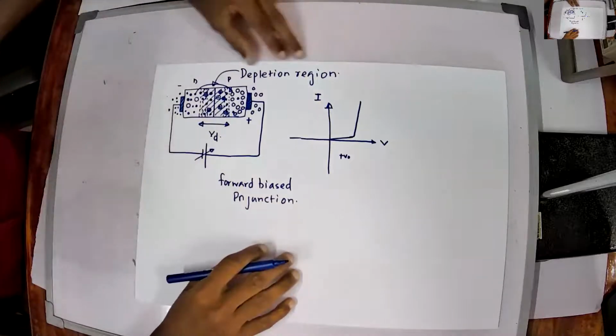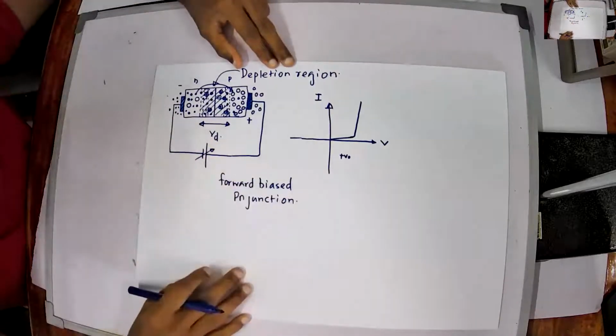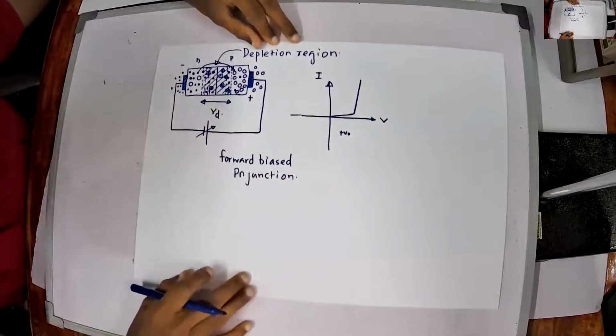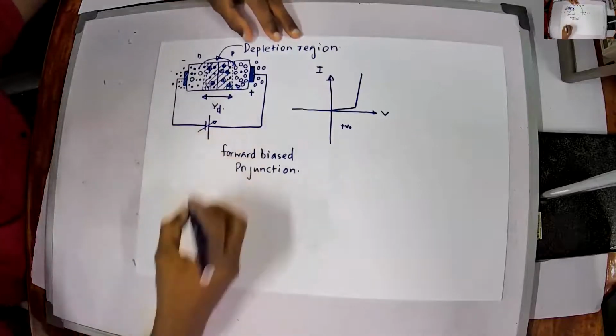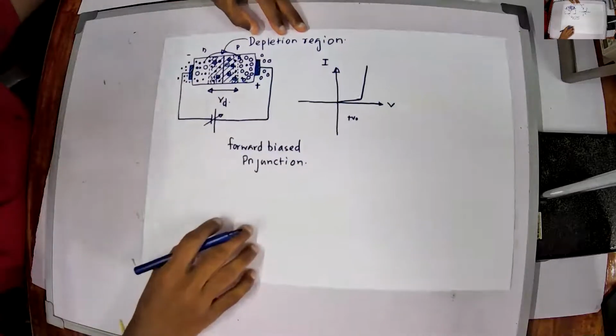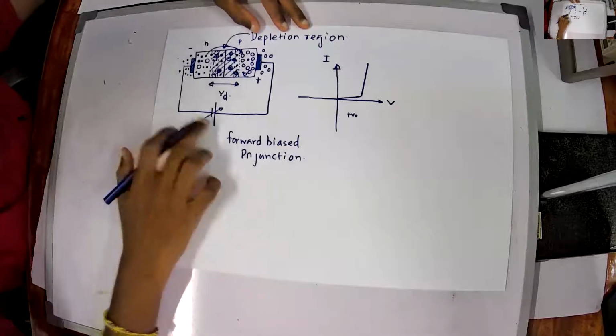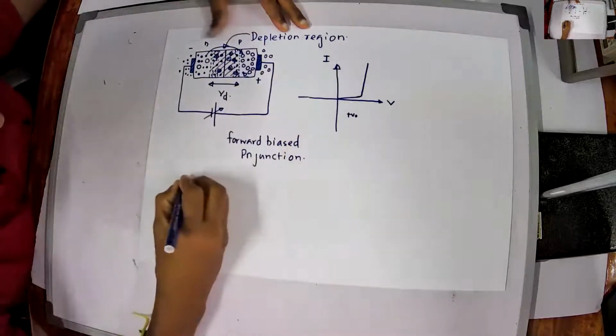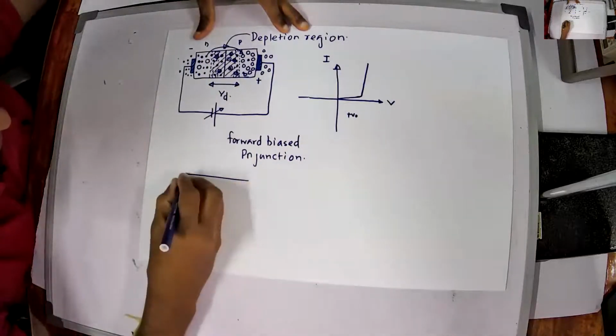Right, let's see what will happen if I change the battery the other way around, which means I am connecting minus to positive and positive to minus. Okay, let me draw the PN junction again.